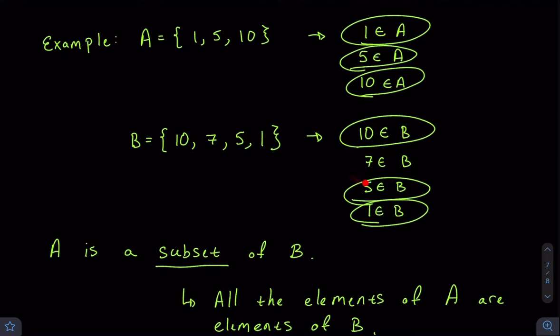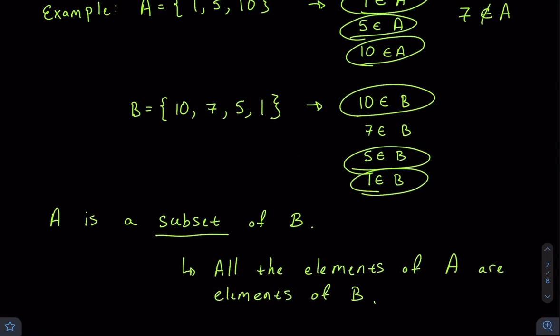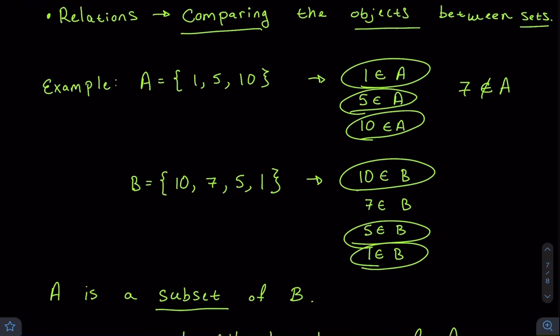The object 7, while it is in set B, it's not an element of set A. And because it's not an element of set A, we can't have set B as a subset of set A. So it's not a subset of set A because set A is missing this object 7.